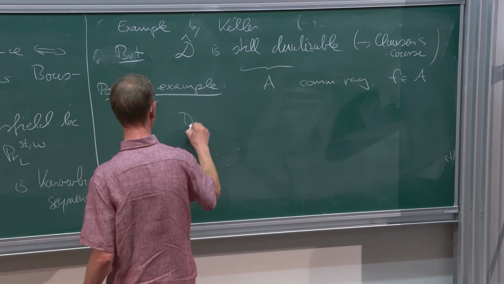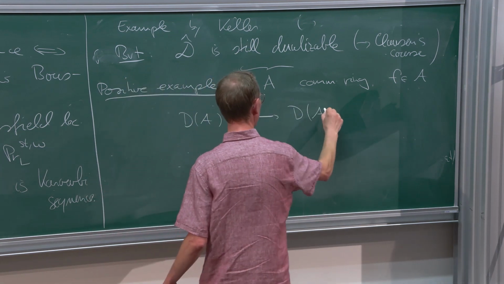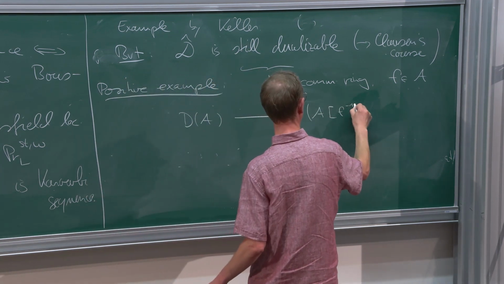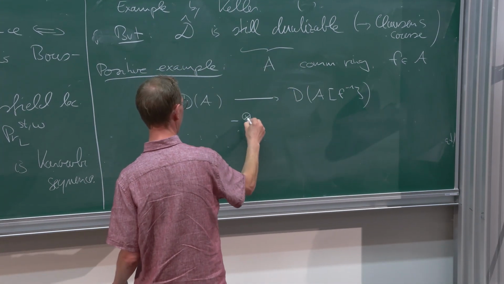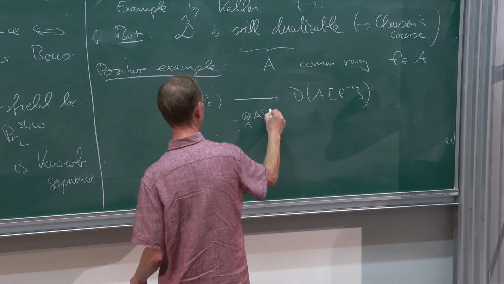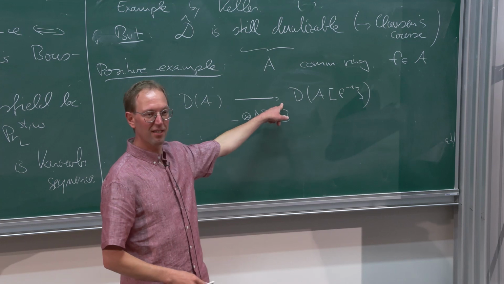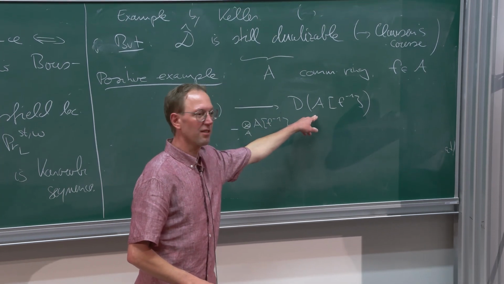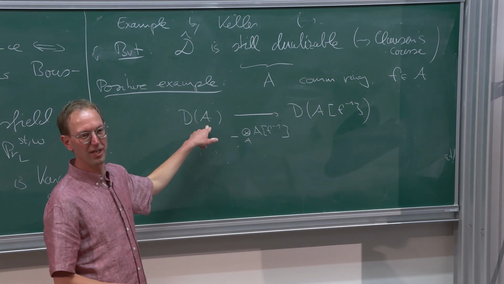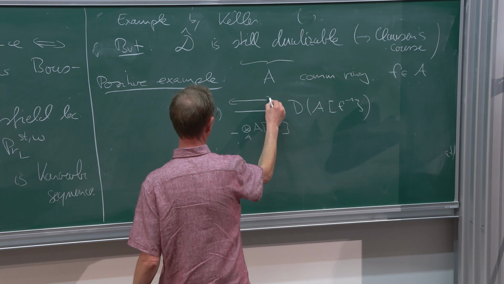So we look at the derived category of A and the derived category of the localization. So we have the base change functor given by tensoring over A with A[1/f], or just localizing. And then you see, I mean, this is very classical. This has a right adjoint which is just given by forgetting the ring structure down to A, so restricting scalars. And this is fully faithful.